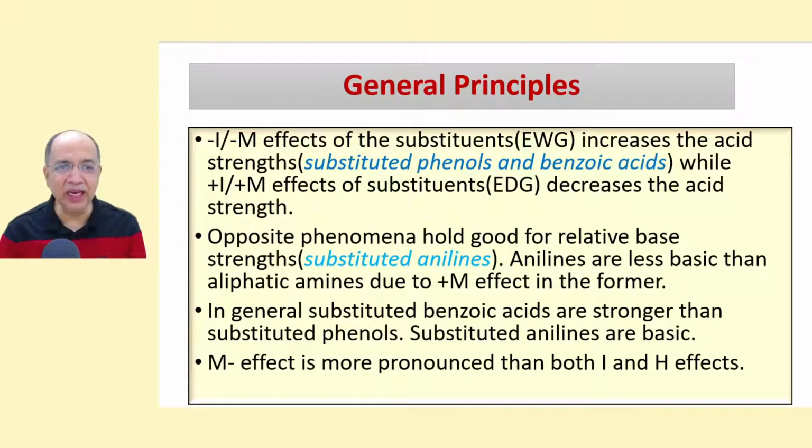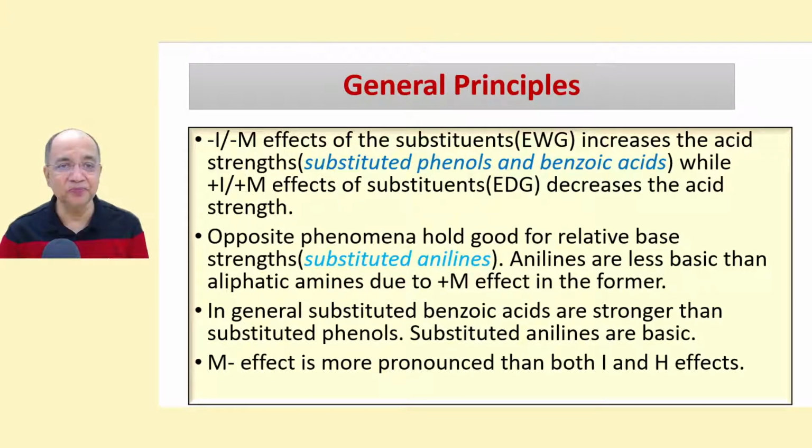And a minus I minus M effect will reduce the electron density from the nitrogen lone pair and will decrease its availability, so base strength decreases. In other words, these groups will destabilize the conjugate acid, anilinium ion.